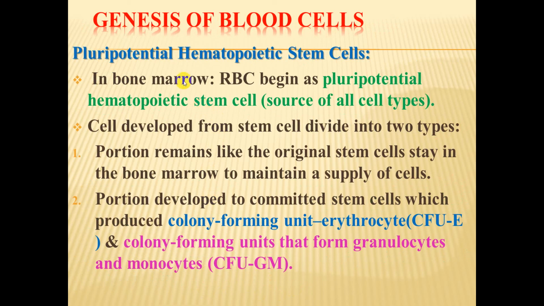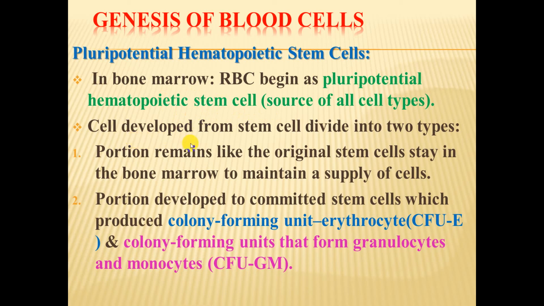Genesis of red blood cell. Pluripotential hematopoietic stem cells are the main cell for production of all types of the blood cells. In bone marrow, red blood cell begins as pluripotential hematopoietic stem cell. تكون منشأها ما تكون RBC راح تكون كخلية الأساس أو الخلية الأم اللي هي الستيم سيلز اللي اسمها pluripotential hematopoietic stem cell.